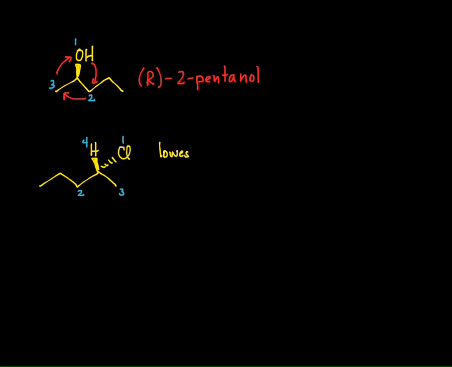Now, when the lowest priority substituent is directed toward you, you have to think about reorienting the molecule. You could certainly redraw the whole thing, or you can cheat just a little bit. Remember, we're looking at these substituents like we're looking at a clock.